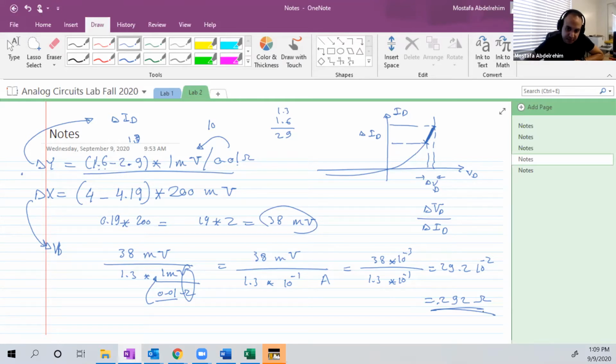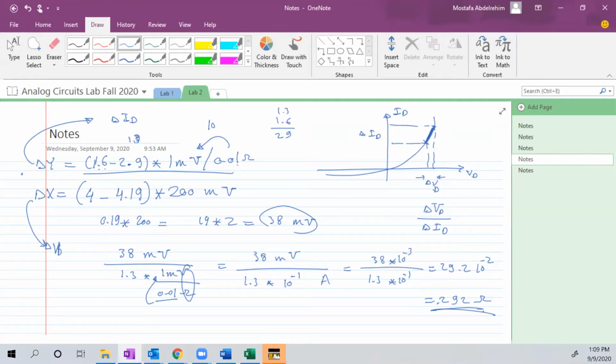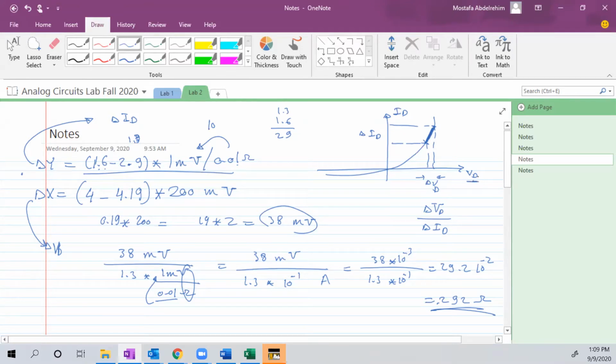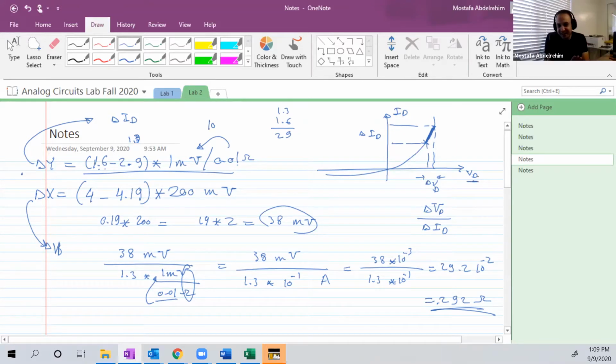So the change in X is already given to us in current? The change in X is actually, X here is voltage, right? Yeah, it's voltage. So we should keep it voltage.